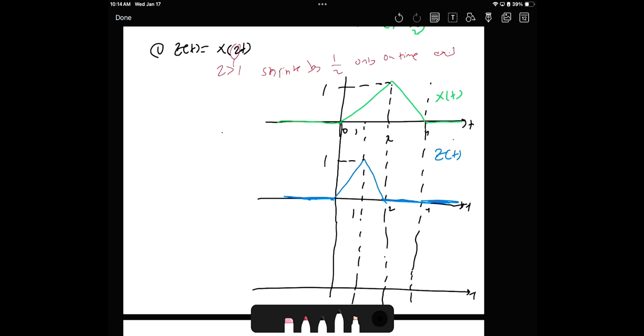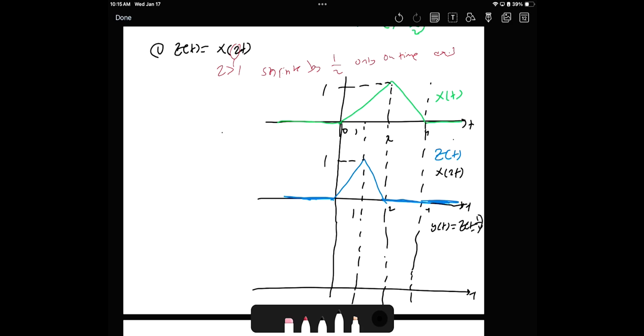Now the next thing, after we did the scale, because z of t equals x of 2t, we need to apply the time shift. We have y of t equals z of t minus 1 half.